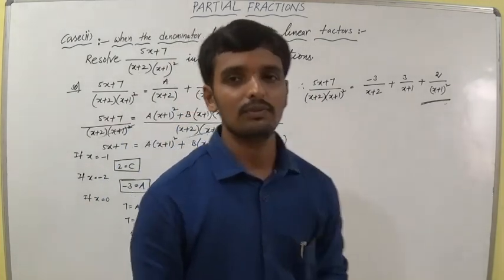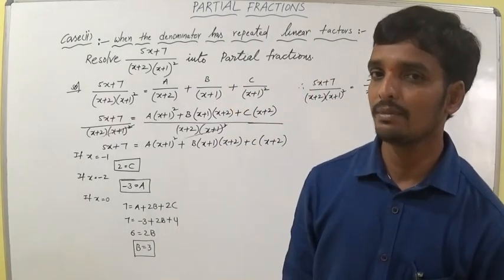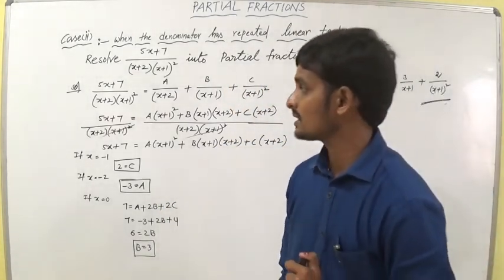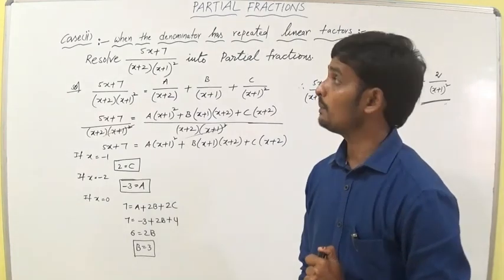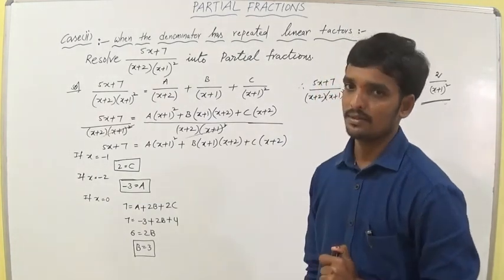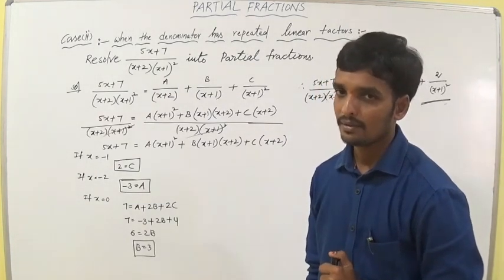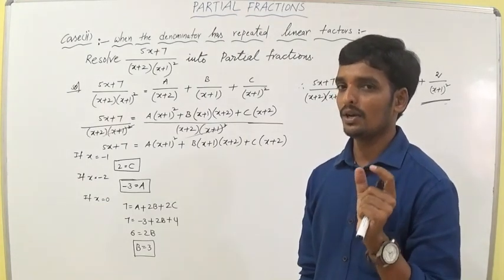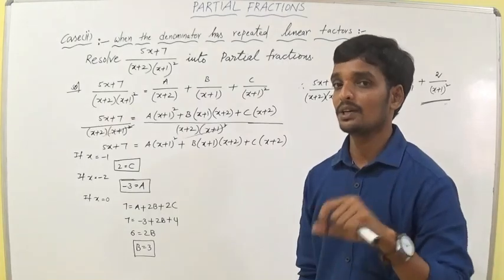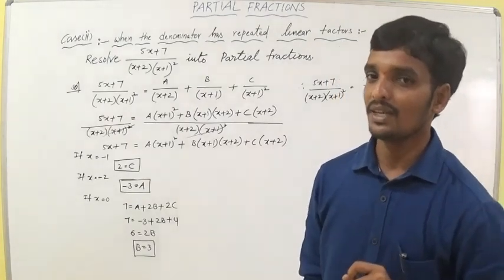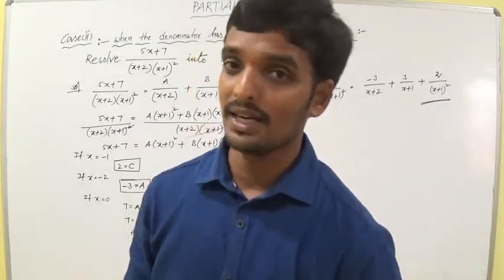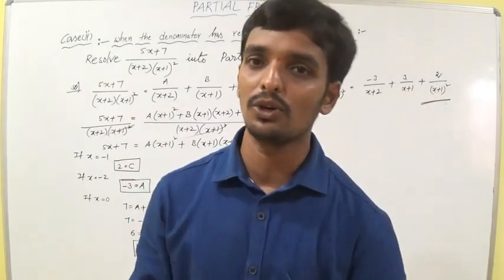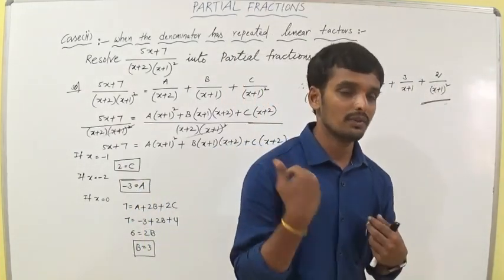So this is a different method, the mixed method. Mixed method means the denominator has a linear factor and repeated linear factors. Are you okay? So we have to get some knowledge and come to the conclusion, which is easy. If the denominator g of x has a repeated factor, that means (x minus 1) whole cube, (x minus 1) whole square.